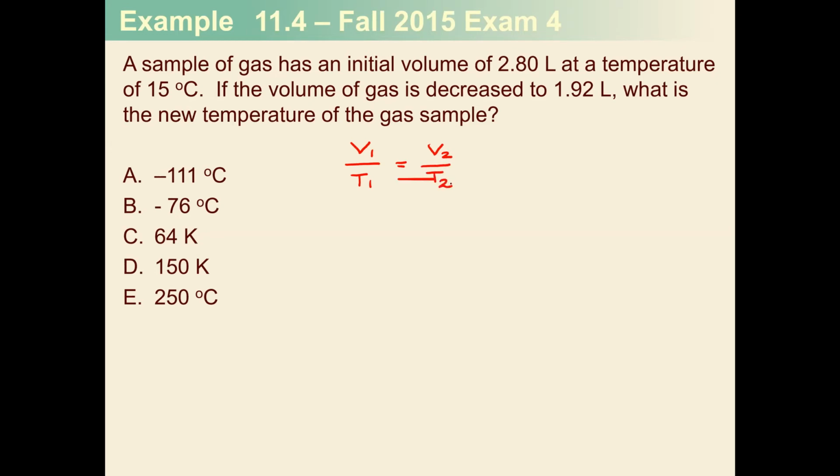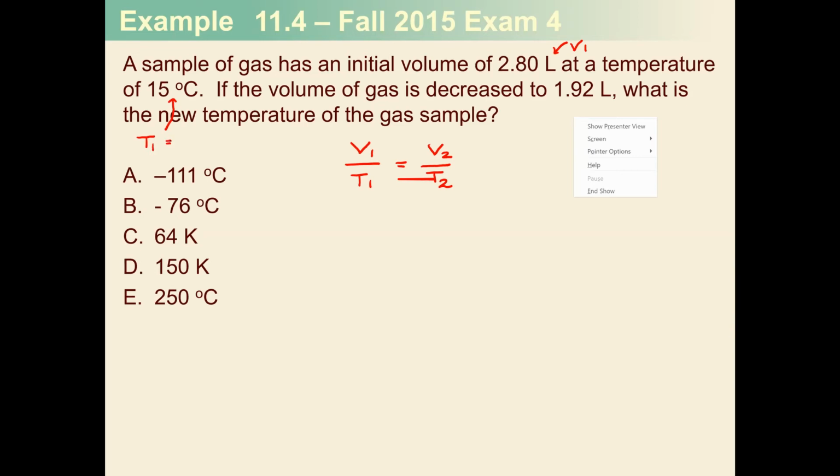So now let's go ahead and identify our variables. For V1, we are going to call that our 2.8 liters. Our T1 is going to be the 15 degrees Celsius. But the problem is that this is not in the correct units, so we must convert that.